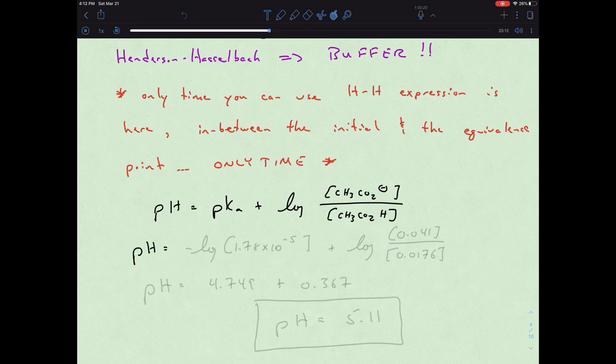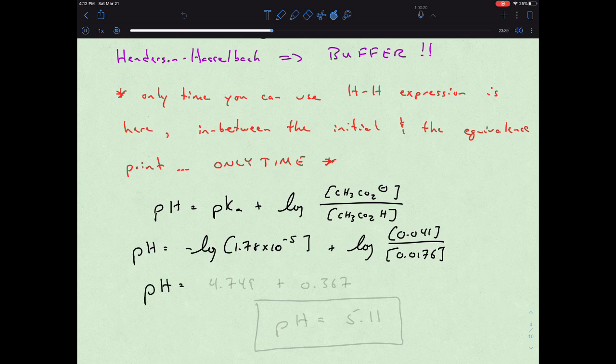So our pH would be equal to the negative log of our Ka, right? Which would be the pKa plus the log, then the ratio of our conjugate, which was 0.041 molar, over our parent, which is 0.0176 molar.